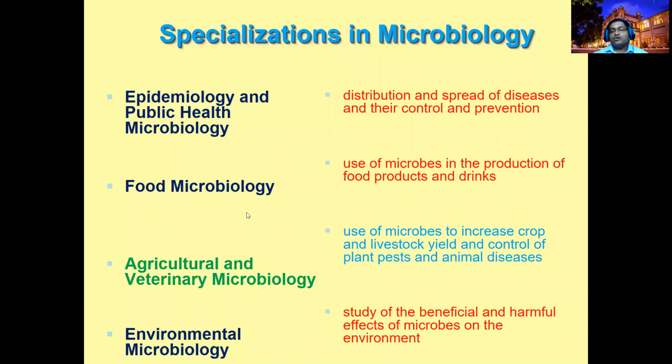For example, food microbiology, a master's in food microbiology, a PhD in food microbiology. Also epidemiology and public health microbiology. Then you can work as a public health inspector from the basic agriculture degree. It doesn't matter whether you need a basic degree. Even a doctor you can become by studying medical microbiology.